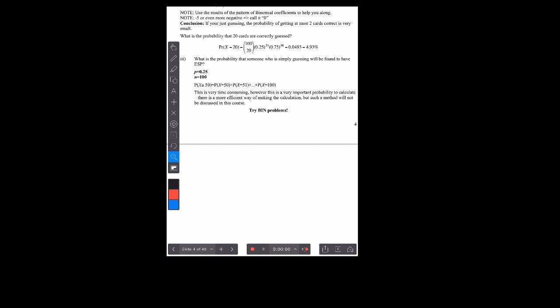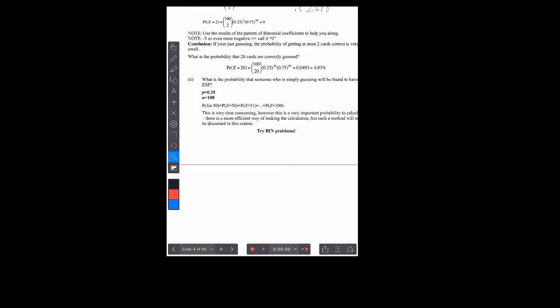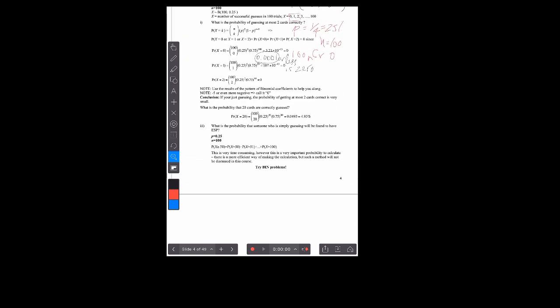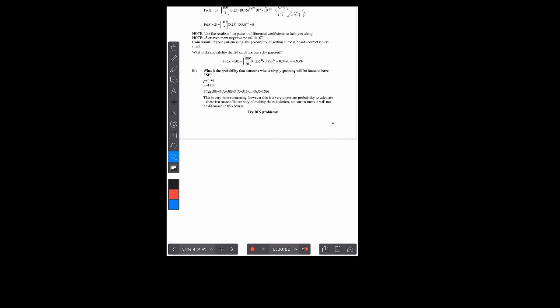What's the probability of getting 20 cards right? This is part 2.